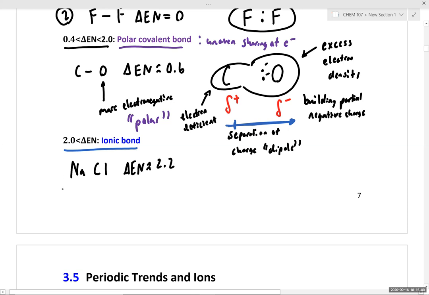Metal, non-metal, that's a signpost for an ionic bond. Now, why is that? Well, sodium doesn't really want to hold its electrons that much. It has a very low electronegativity. Chlorine, on the other hand, really wants electron density.